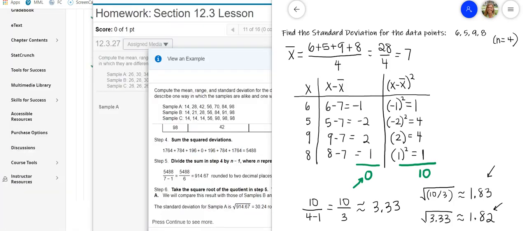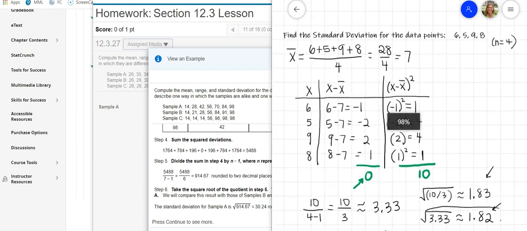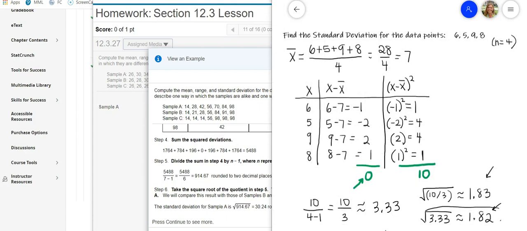I went ahead and logged in to My Lab and Mastering, and it appears that they are going to want this value here for standard deviation. On their examples, they have you round this value to 2 decimal places prior to taking the square root.